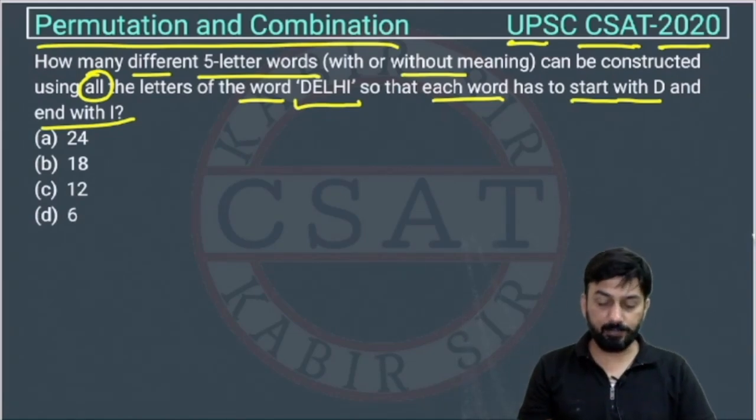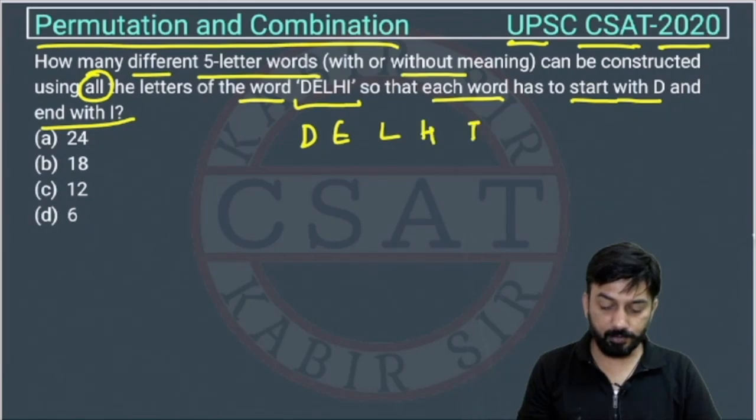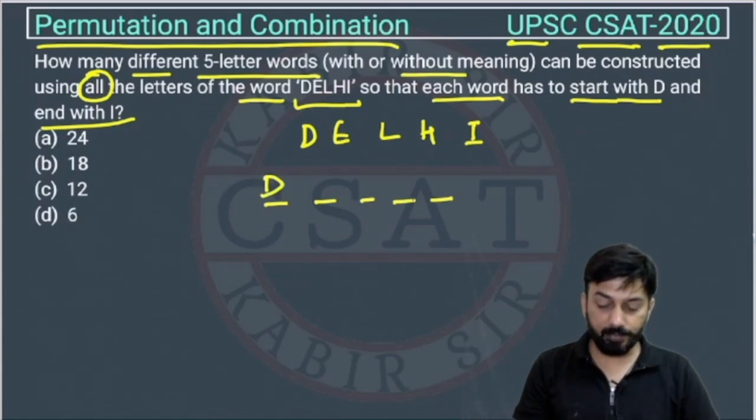So these letters are given, right? So we have to use the letters of this word. So there are how many letters? D, E, L, H, I. So total 5 letters. So we have to make a 5-letter word, right? And they have given that it will start with D and end with I. So these are fixed.